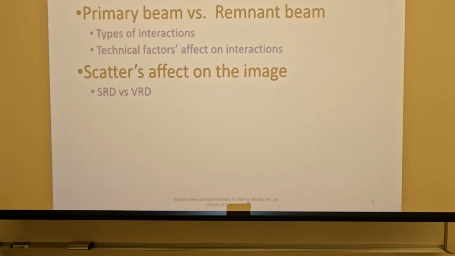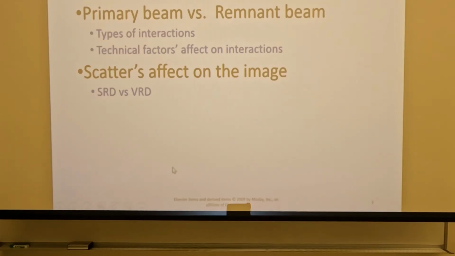We talked about the types of interactions, and the ones we would ideally want are just our photoelectrics and our transmission, but we also have transmitted scattered photons in both Thomson and Compton. Thomson aren't really an issue, but Comptons are. Thomson is a very small percentage of the beam, and they just look like penetrated X-ray photons.